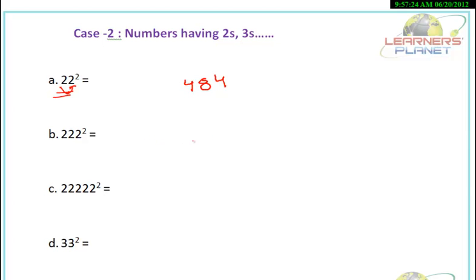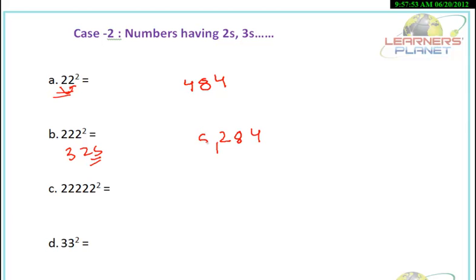Similarly, 222 square. Now there are 3 2's, so we'll be calculating the table of 4 up to 3 terms. Then we'll be coming down. So it's 4. 4 2's are 8. 4 3's are 12. We cannot write 12 as it is over here. 1 will be carried over to the next term, which we'll be calculating in the next step.